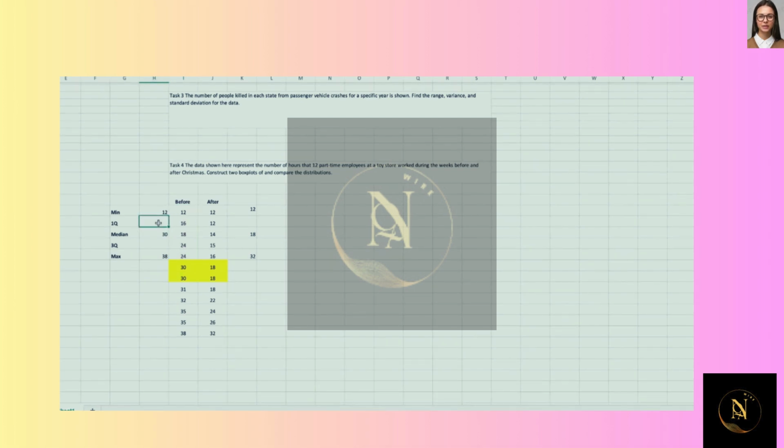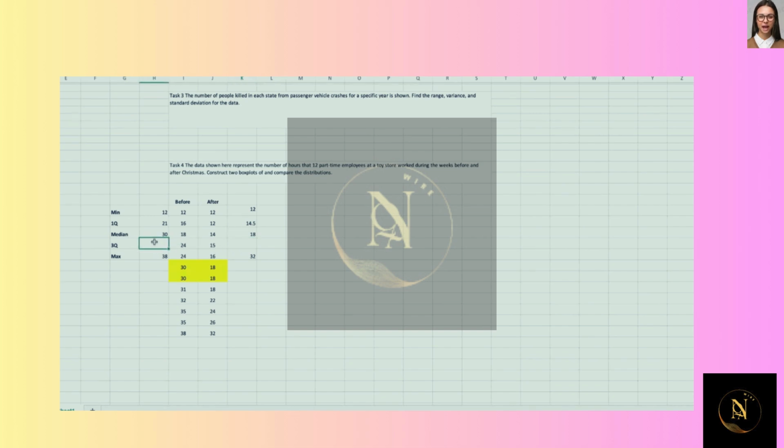So equals this number plus this number divided by 2. Okay. And then equals this number plus this number divided by 2.